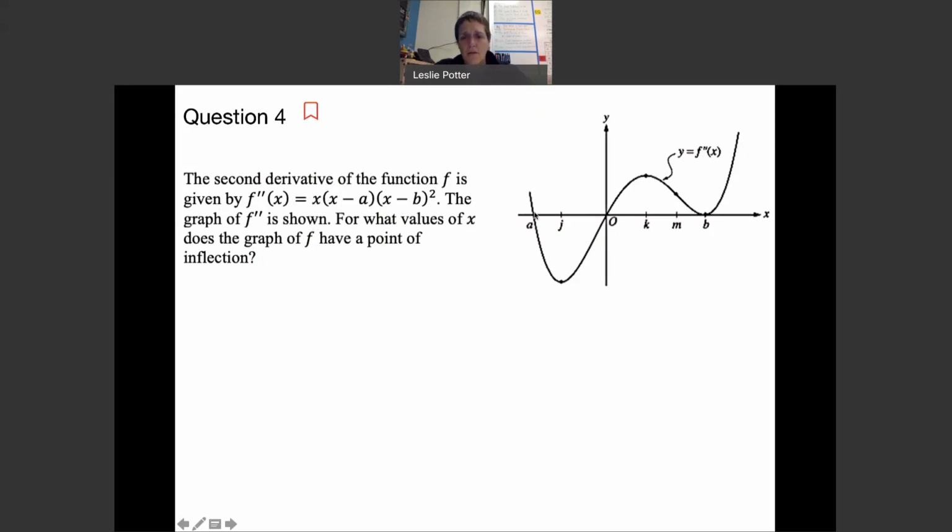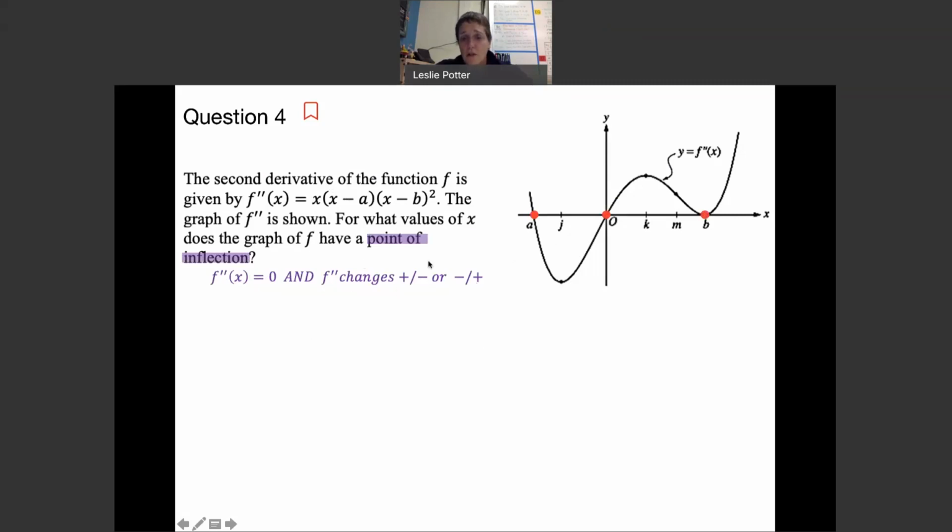They've just arbitrarily said here's a, here's 0, and here's b. And a zero here, here, and here means the second derivative is equal to 0. So those are the possible points of inflection. That would be the same as setting this equal to 0 and solving, right? We get x equals 0, x equals a, x equals b.